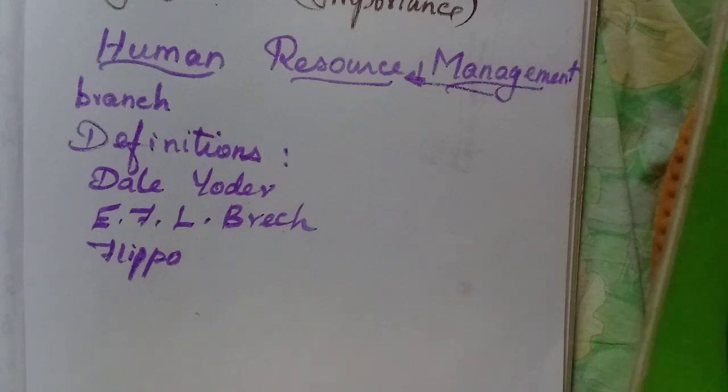Then integration, because there may be different departments, the lowest level workers and the top level managers, they must have a meeting. They should be explained about the objectives of the organization, how to work, how to integrate all the work of all level employees. So integration and maintenance of personnel. Maintenance, I told you in the meaning that the workers may not change easily.